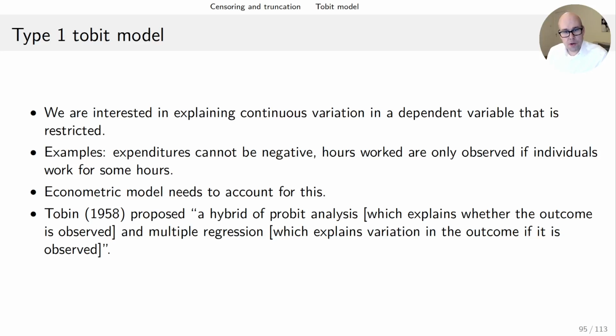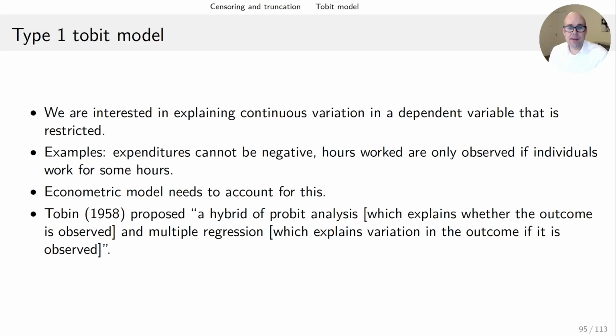What is the type 1 Tobit model? So the type 1 Tobit model has as the starting point that we're interested in explaining continuous variation in a dependent variable that is restricted. In early textbooks, oftentimes people have talked about expenditures that cannot be negative, hours worked that we just talked about, that are only observed if individuals work for some hours, and so on.